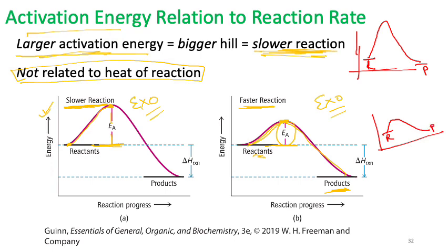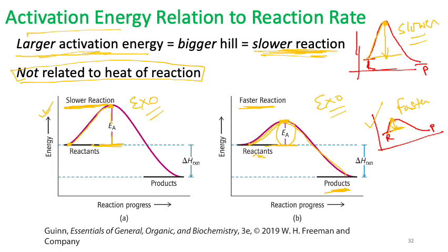If you look carefully, this is your activation energy for the top one, the difference between the reactant and the top part. So you need more energy to go uphill and reach the top, compared to the second reaction, where you need less energy to go to the top of the hill. So this reaction is faster compared to the top one, which is slower. This is how you can do it.